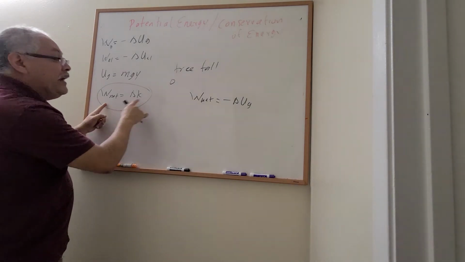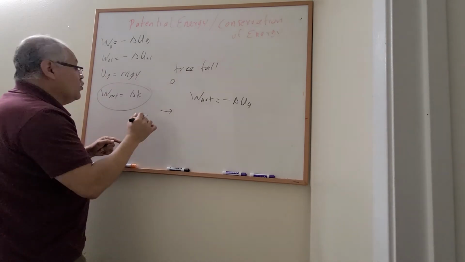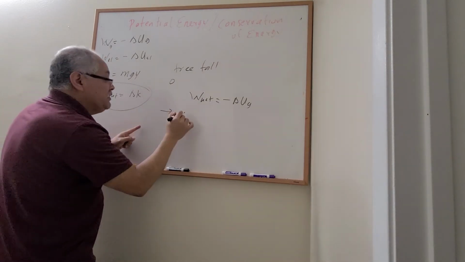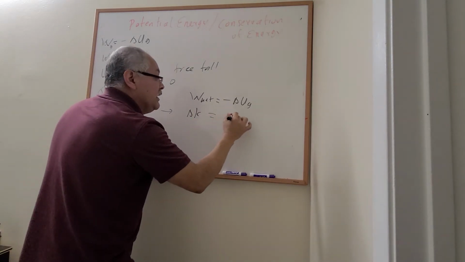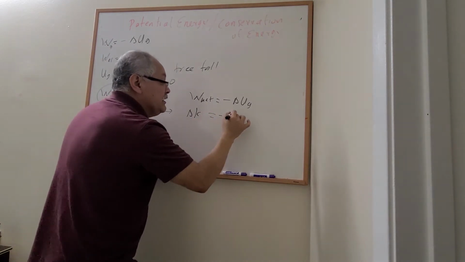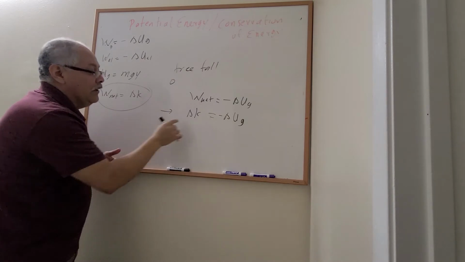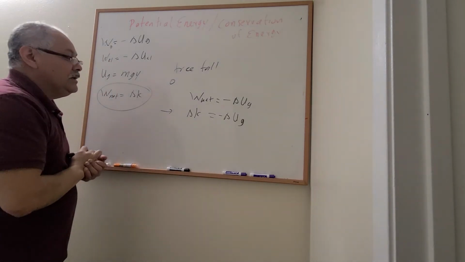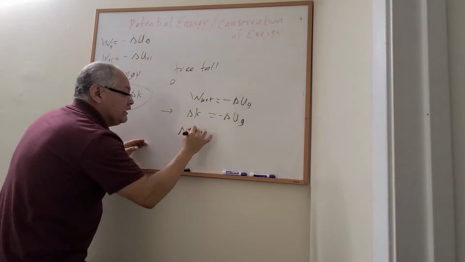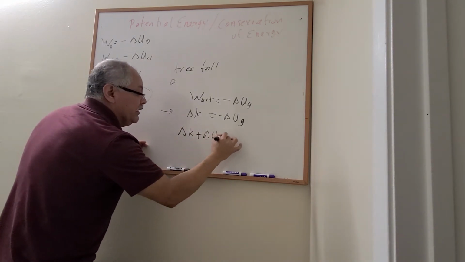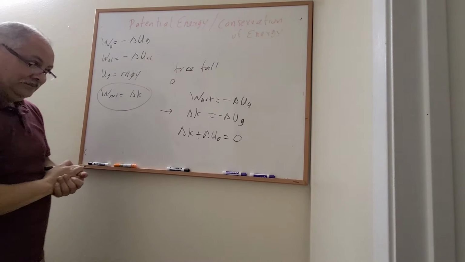When we combine these two, we have that the net work, which is also equal to the change in kinetic energy, must be equal to the negative change in the gravitational potential energy. Now let's rearrange this, and what do we have? The change in kinetic plus the change in potential is equal to zero.